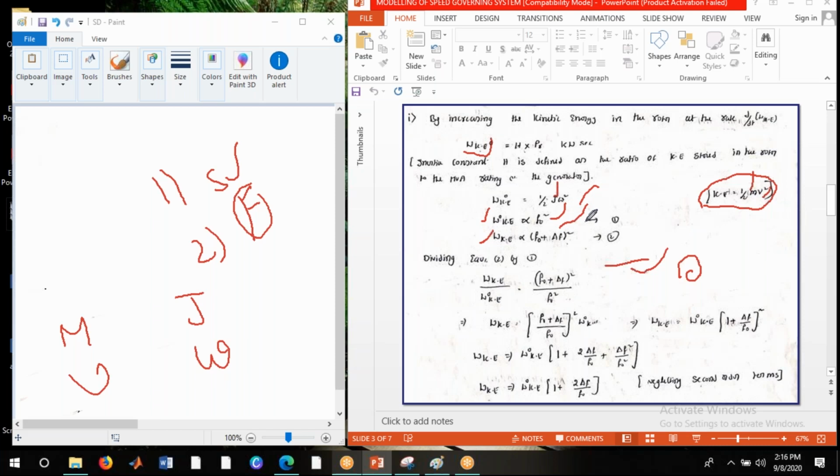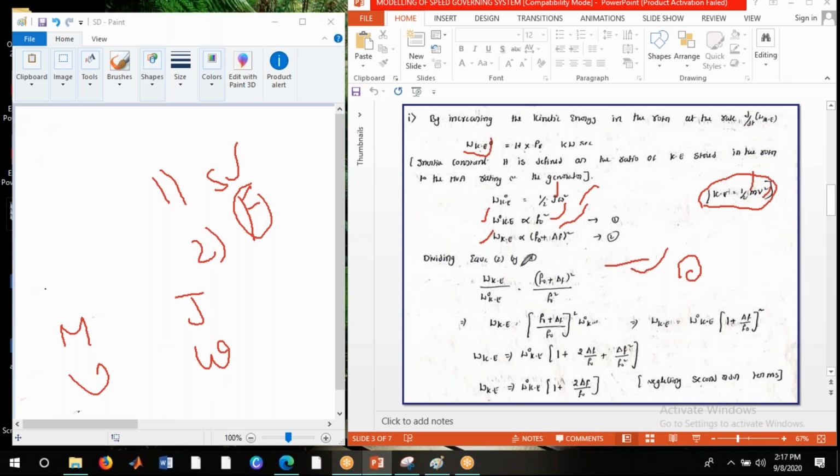Based on that level, the steam falls on the turbine blades, the turbine rotates with respect to its speed, and the generator operates. So that is the initial condition, which we denote as power 0. The running condition is given by WKE, which is directly proportional to the rate of change of frequency with respect to time.